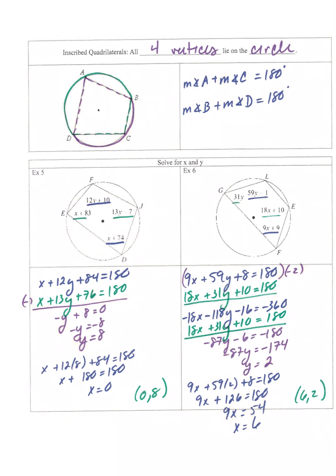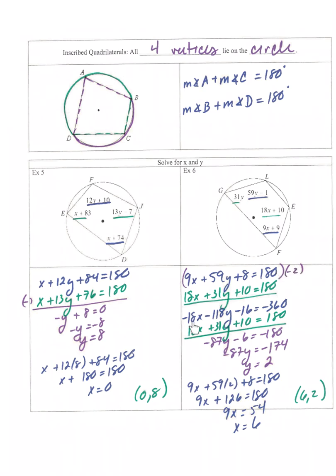Example 6. So L and F, I get 9x plus 59y plus 8 equals 180. G and E, I get 18x plus 31y plus 10 equals 180. Here, none of the variables are set up to eliminate, so I'm going to multiply the first equation by negative 2.